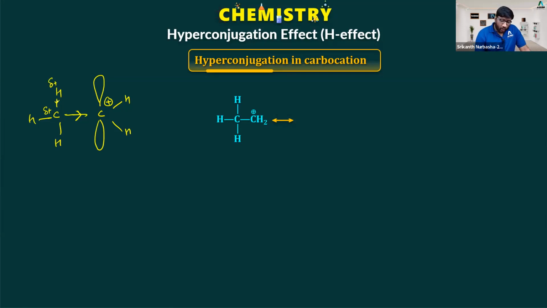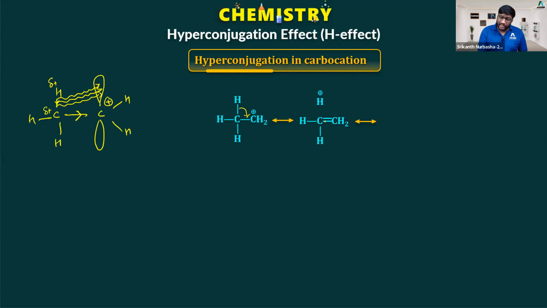Now, can I say, whatever sigma electron density we have here has a tendency to penetrate into the adjacent vacant p orbital. So ultimately, this CH sigma electron density comes in and forms a double bond with the CH2 because this p orbital is involved now.